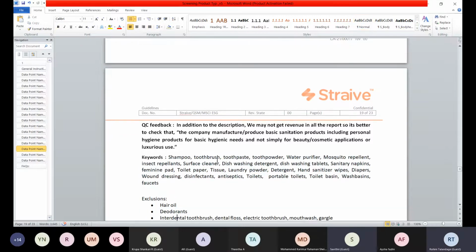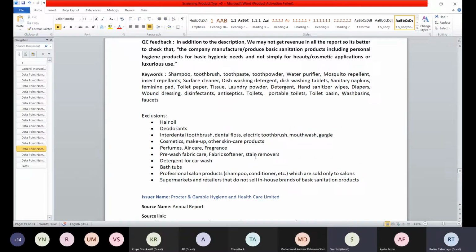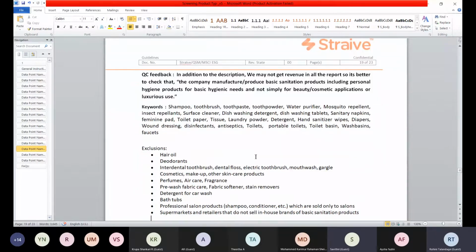Then we can mark it as yes. Now for this also we have some exclusions, like hair oil, deodorants, interdental toothbrush. These are not related to sanitation. So if you are getting anything related to this, we have to mark it as no. And if you are not getting a result for any keyword, then we have to mark it as not reported.